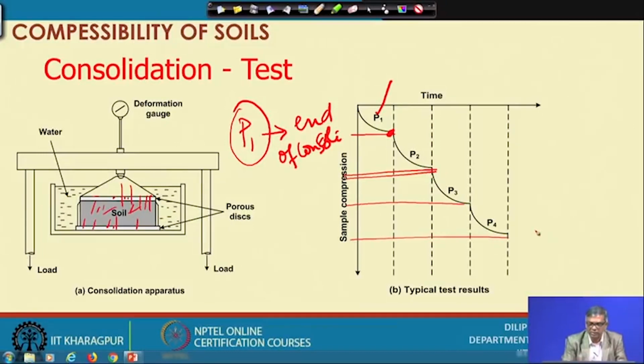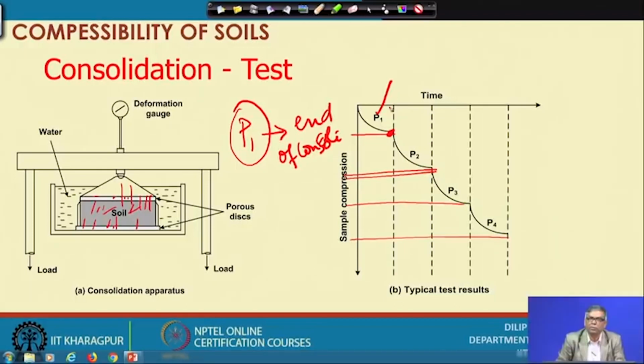But here you can see, when there is a virgin soil that you collect, and initially you apply a small amount of P 1, there will be compression. But if I then apply a second, equal amount of load, the magnitude of compression in the second stage will be smaller.